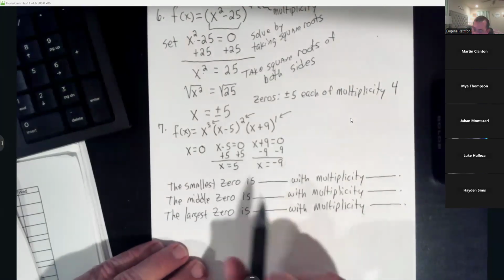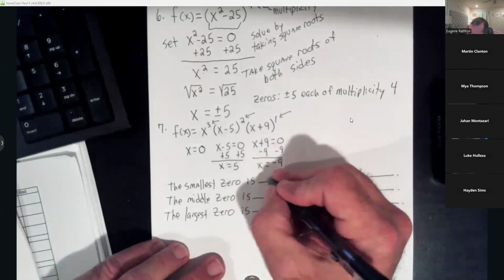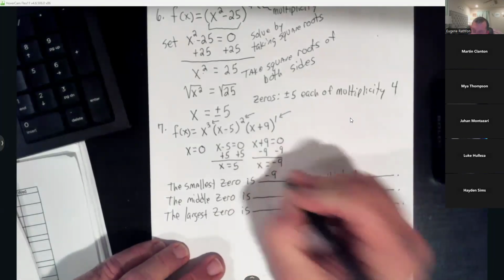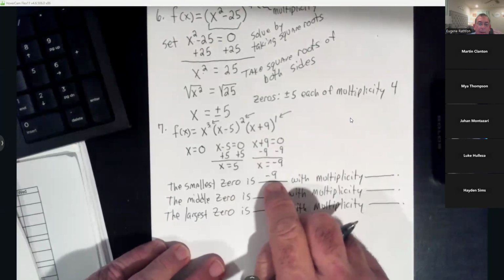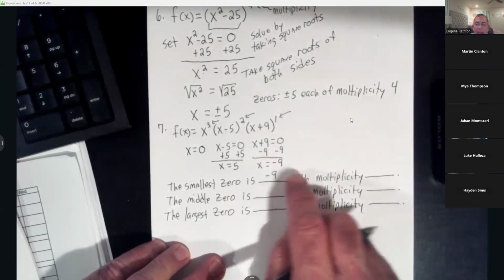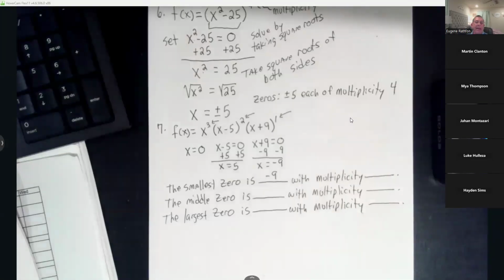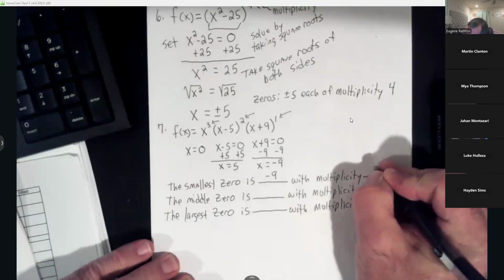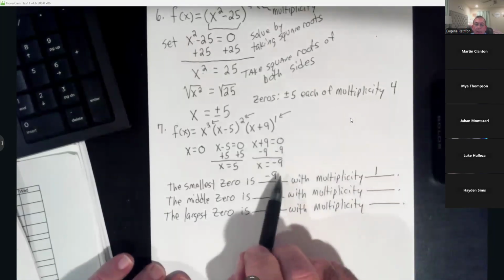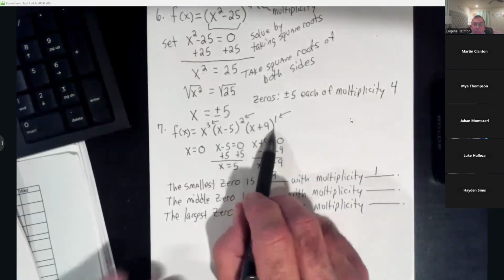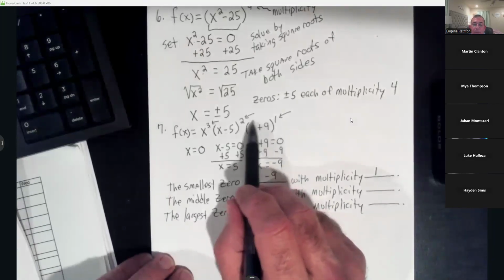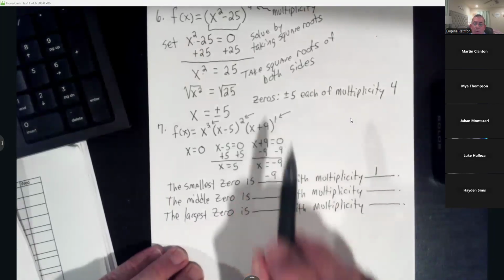All right, Jan. Okay, so y'all are good now. Y'all got negative 9. Good job. Now, the 0 of negative 9, what would its multiplicity be? Now I'm looking at the exponents, and that would definitely be a 1. Because negative 9 came from this factor, and it had multiplicity 1.